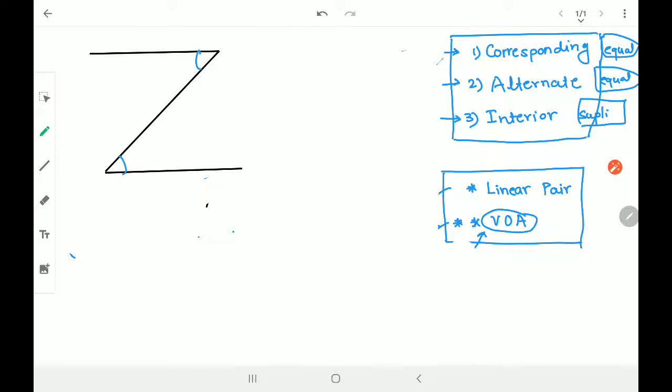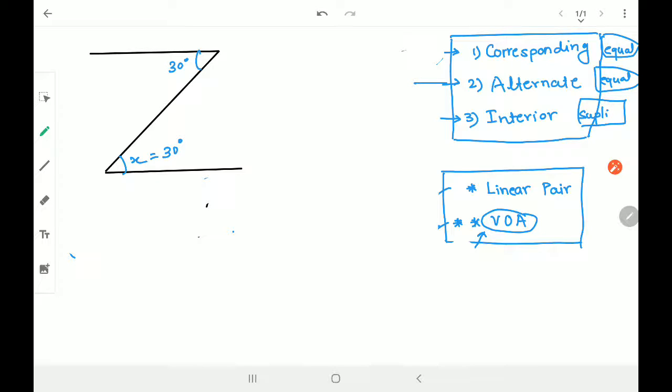This one and this one are those two angles. Imagine it is 30 degrees and down here is x. What do you think it is? Is it corresponding, alternate, or interior? Yes, exactly. It is an alternate angle. So the value of x is equal to 30 degrees. They are equal. That's it.